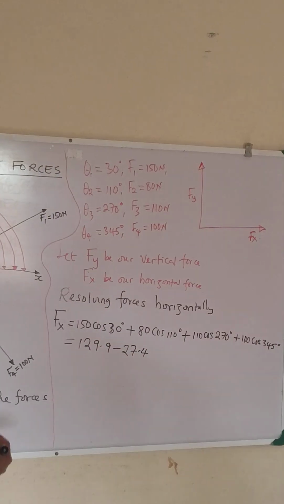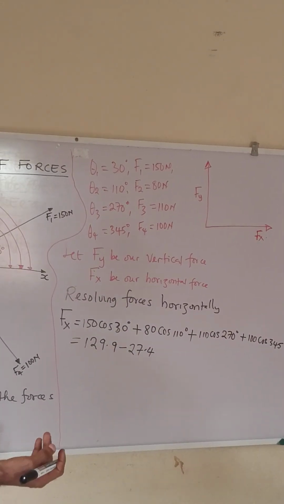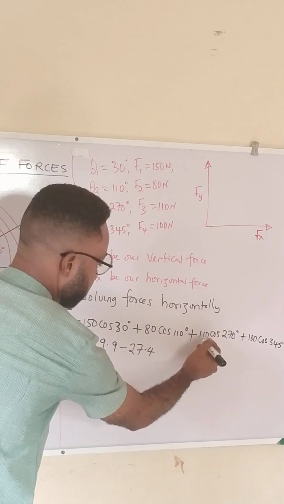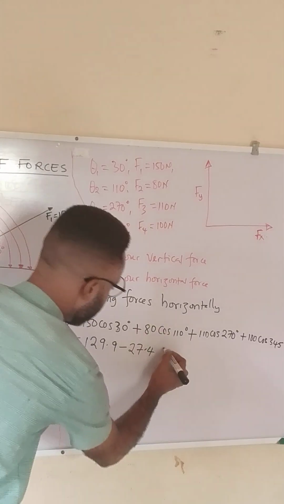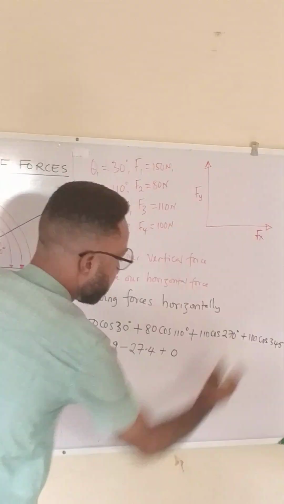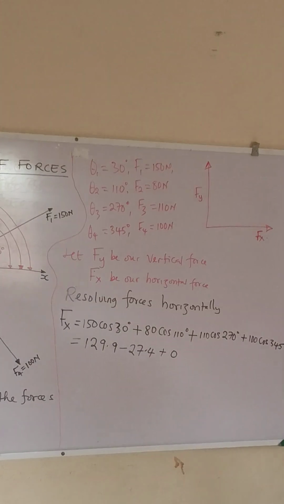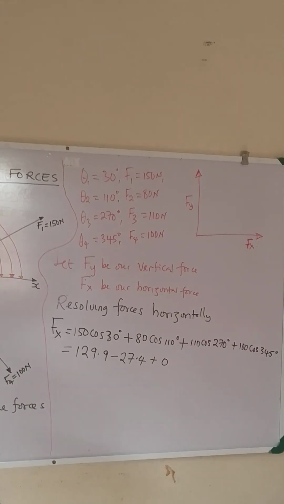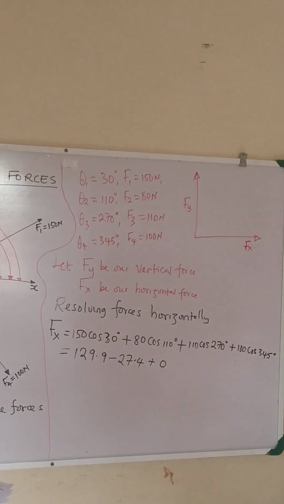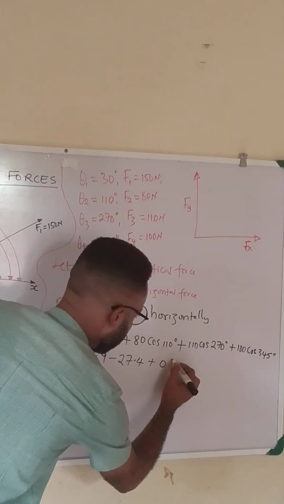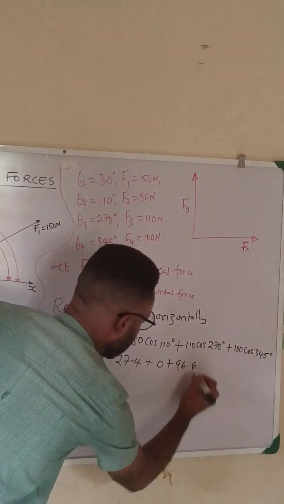And so you continue, you find cos 270, which is going to give you 0. So when you multiply 0 by 110, you have plus 0. And then when you find cos 345, it's going to give you 0.965. And when you multiply it by 100, you have plus 96.6.